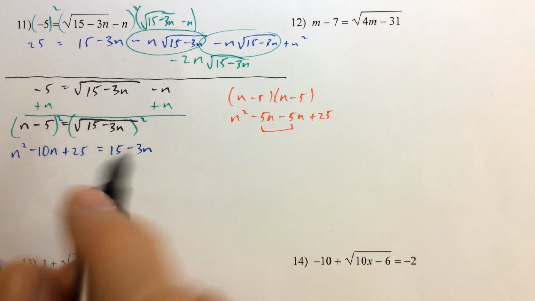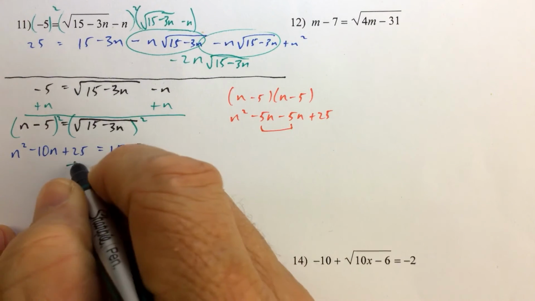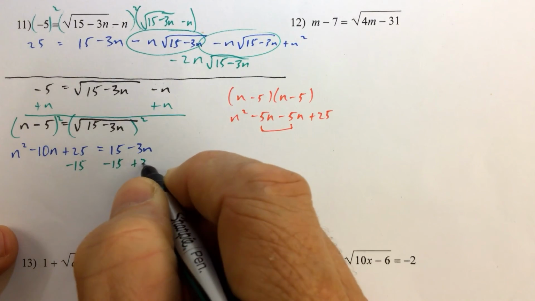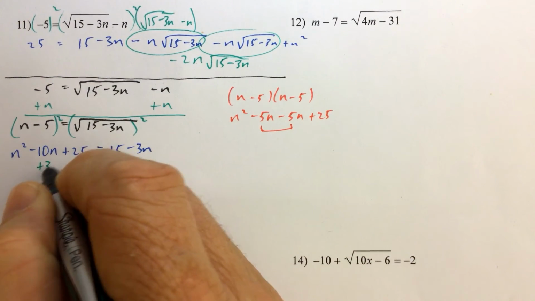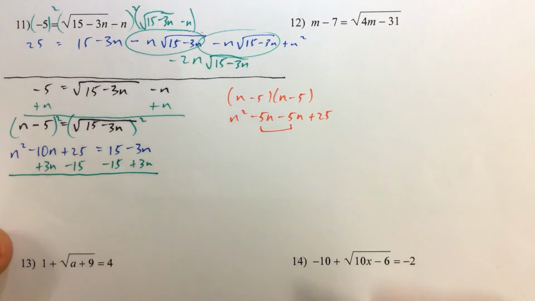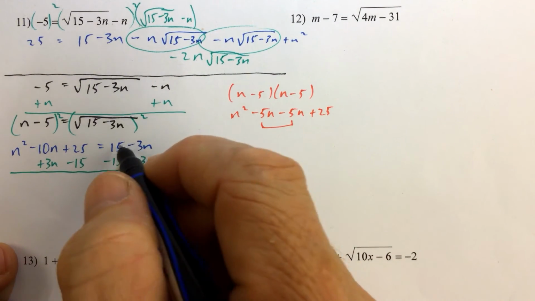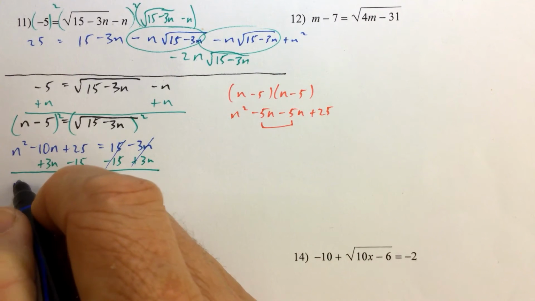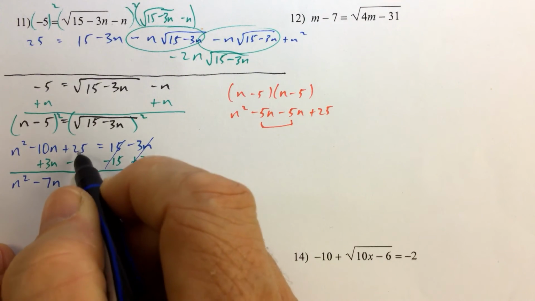Again, we have a quadratic equation, and quadratic equations, we know we want to gather all the terms to one side. So we're going to subtract 15 from both sides. We're also going to add 3n to both sides. And notice I lined up the terms that are alike. So lining up the terms that are alike helps me add these together properly.